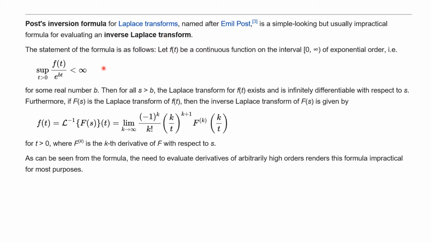He proved that under general conditions like this, f of t is the limit as k goes to infinity of minus 1 to the k over k factorial, times k over t to the k plus 1, times the kth derivative of the transform evaluated at k over t. And again, this is impractical to really evaluate for almost any type of problem.